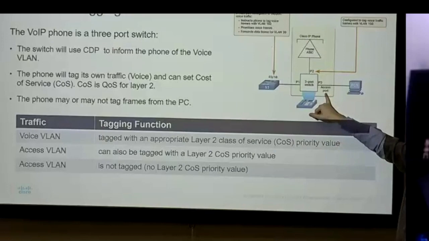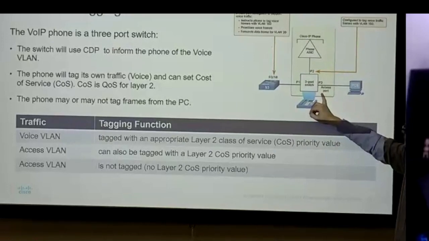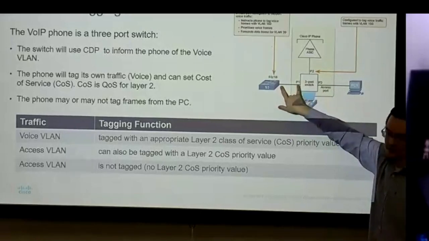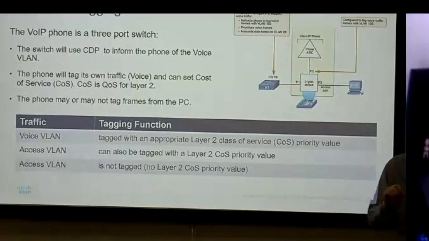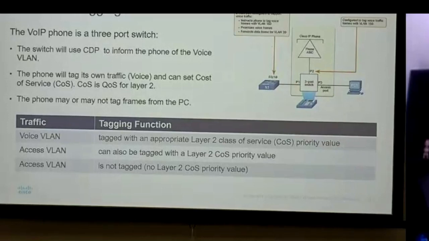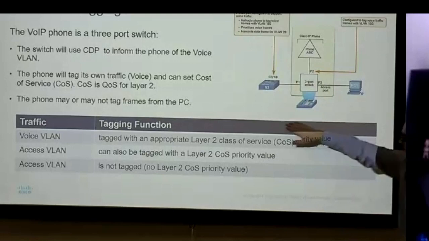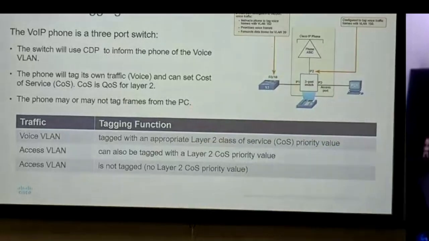And then this is an access port. That's why I say this is a trunk, but it's not a trunk. It's a special kind of trunkish thing, okay? Trunkish. Depends on what kind of phone you're working with.